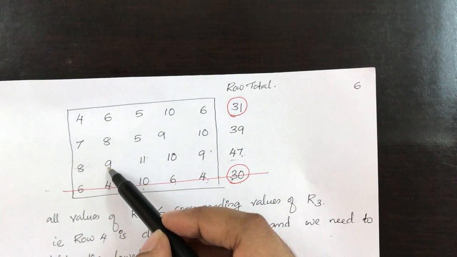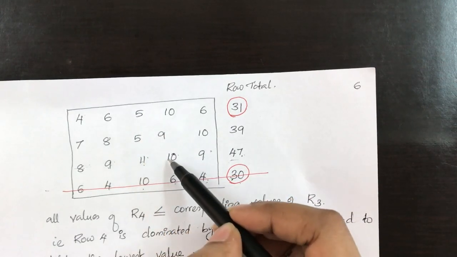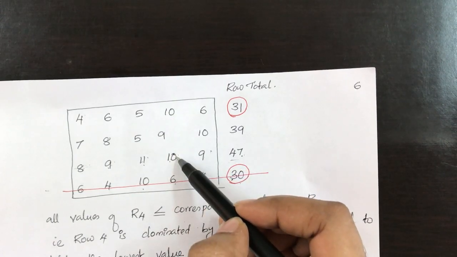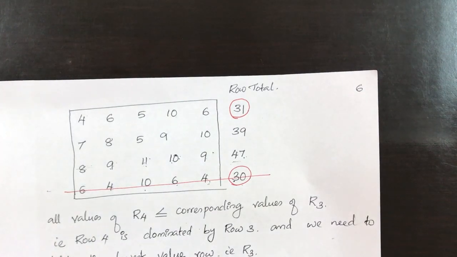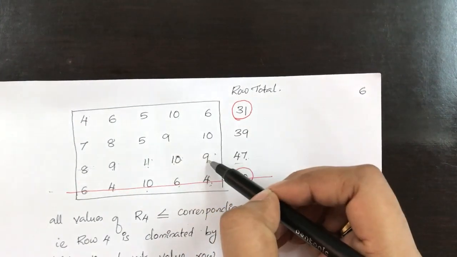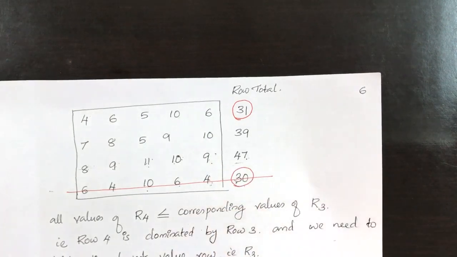Again R3 having the highest value. 11, 5. R3 having the highest value. 10, 10. Our condition is less than or equal to. Equal to sign is there. So 10, 10. That is also okay. 9, 6. R3 having the highest value cells.